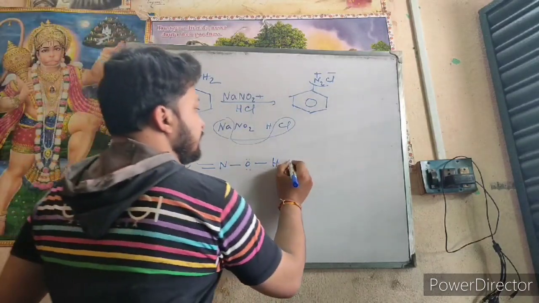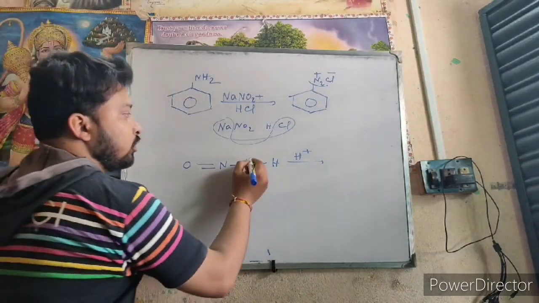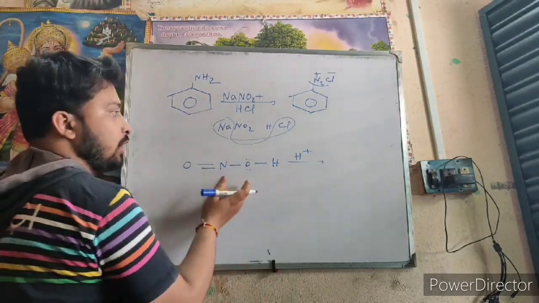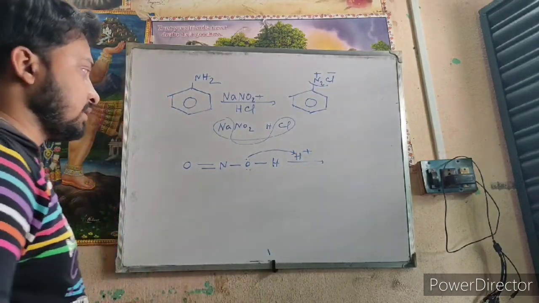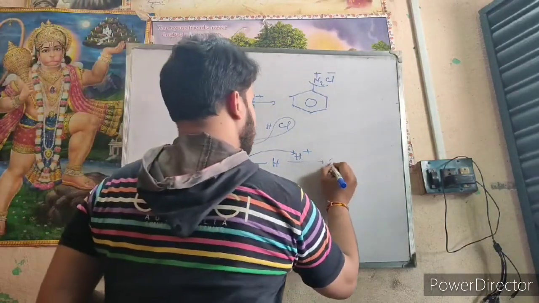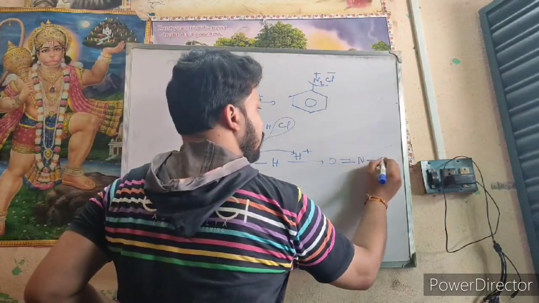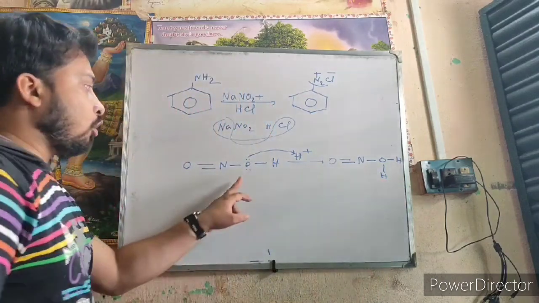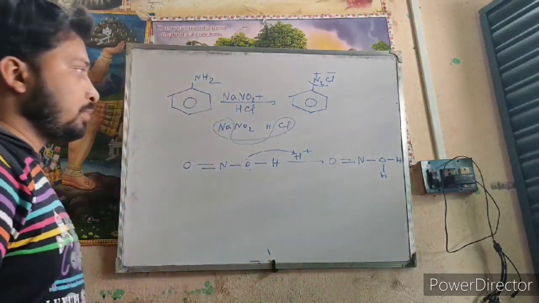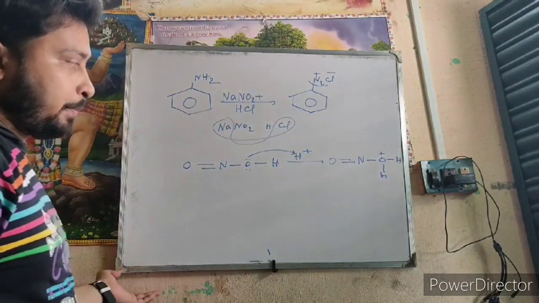Then it reacts with H plus, and we know a lone pair has a tendency to attack H plus. So the product is O double bond N, bond O, H, H. As oxygen donates its lone pair, it shows a positive charge.